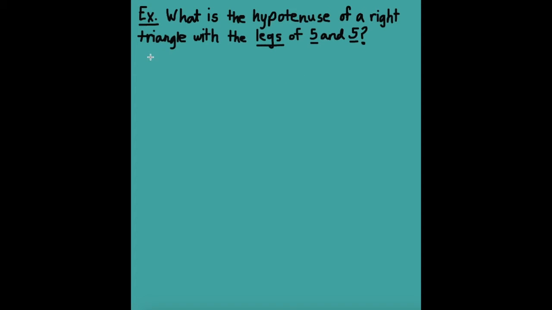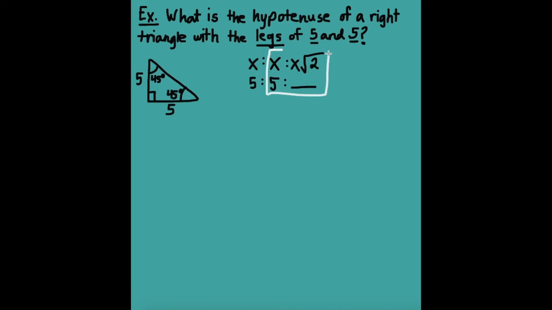So let's draw a picture. So we have this right triangle with 45 degrees here and 45 degrees here. The legs are 5. So we have the ratio x to x root 2. In this problem, the ratio will be written as 5 to some unknown number we are trying to solve for. We will look at just this part.